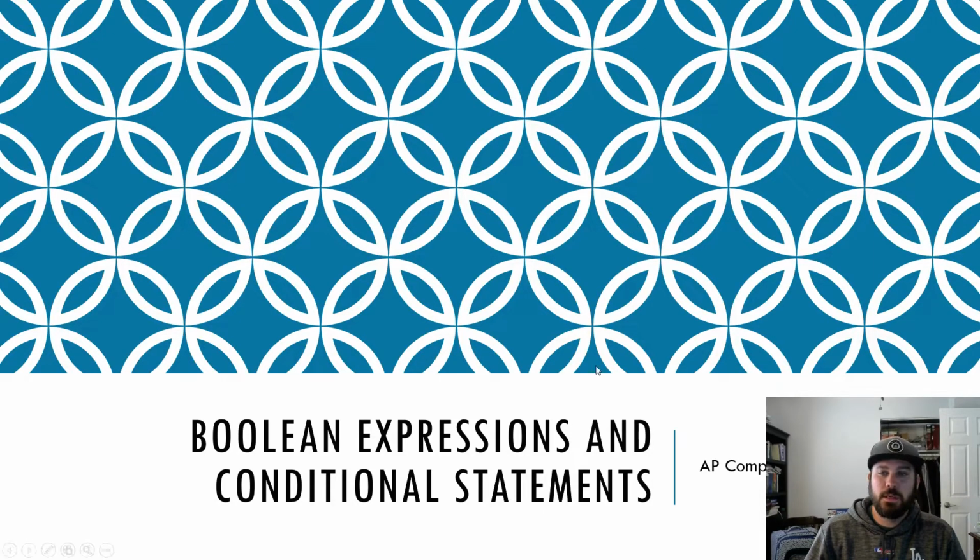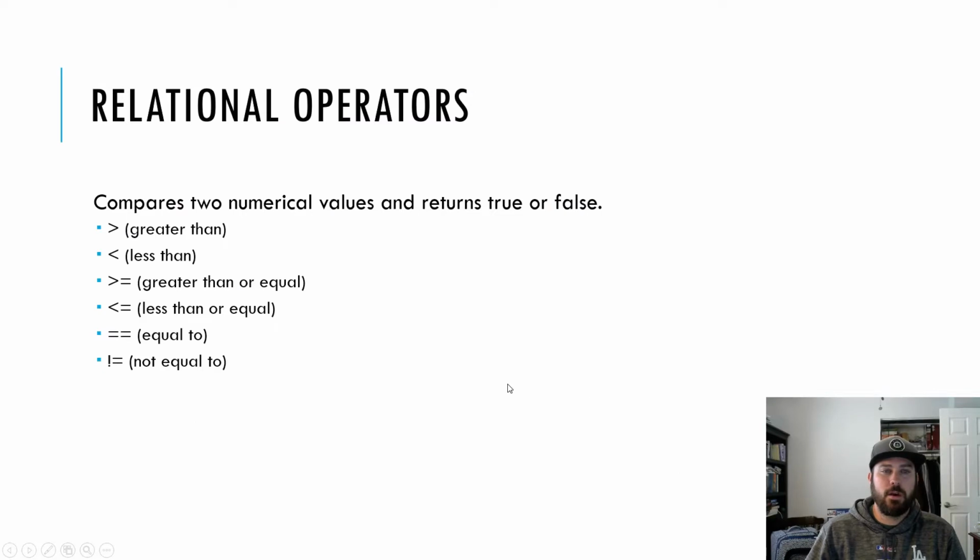So the first one that we're going to look at are relational operators. These ones are very similar to what we've already seen in math class. So a lot of them you will understand and just be able to see right away what we're doing. The important thing that is kind of unique to computer science is that all of these relational operators are comparing numerical values, but they're telling us either it's true or it's false.